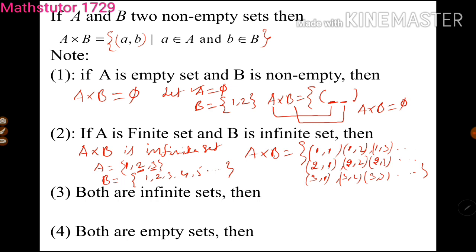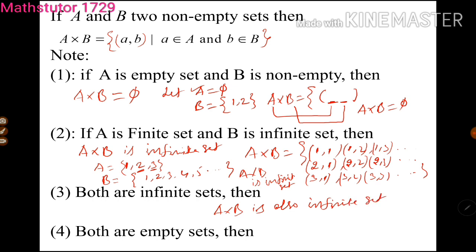So it shows A cross B has an infinite number of ordered pairs. So A cross B is an infinite set. If both are infinite sets, then A cross B is also an infinite set.